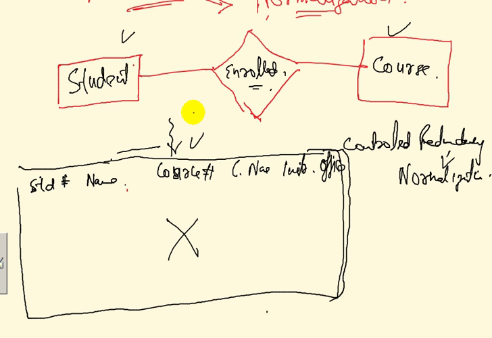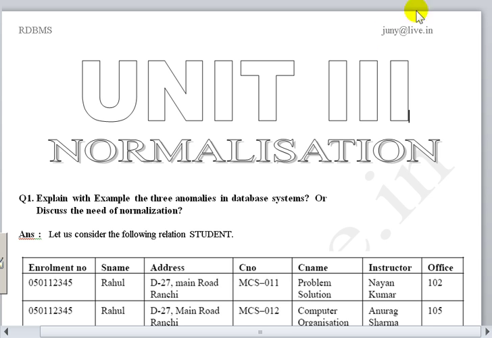Normalization actually means to split this table into many tables, so that we remove the anomalies. And normalization is stepwise: 1NF, 2NF, 3NF, then BCNF, 4NF, 5NF. The latest one is 6NF. We'll discuss them all. Let's go to the note.